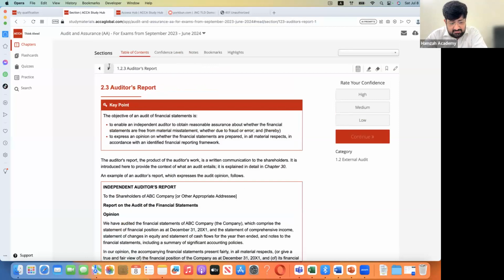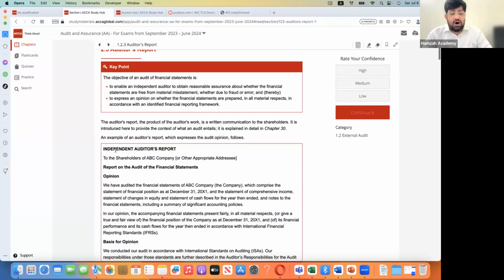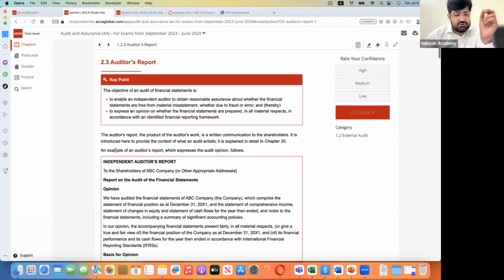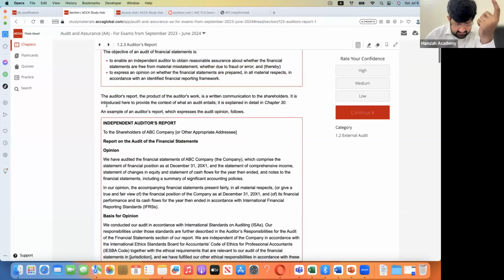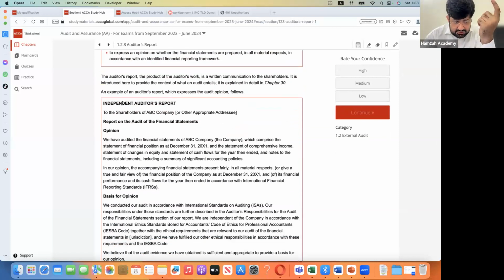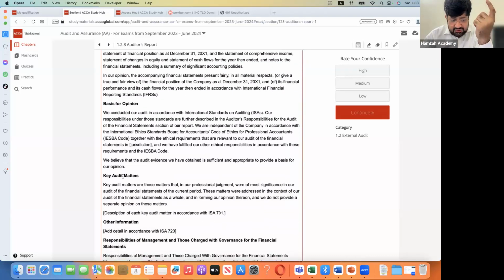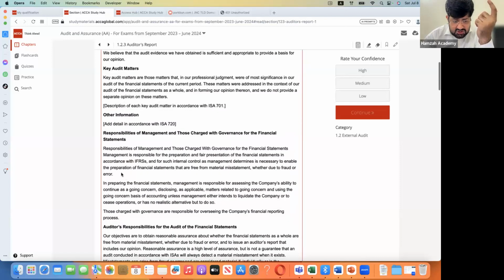Now, yes, audit report, I have not explained yet. Although we have one full-length chapter on it, you should have an idea how it looks like. Audit report is like this. You see, audit report to shareholders, reported financial statement, opinion paragraph, basis for opinion paragraph, key audit matters, other information.